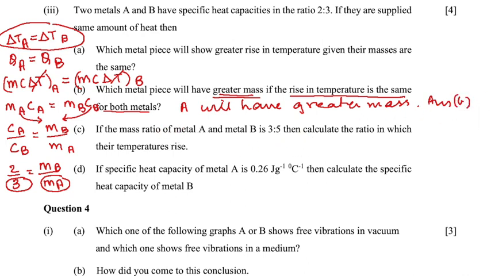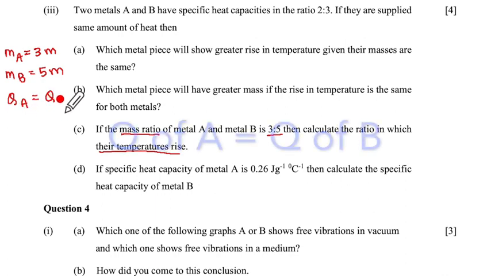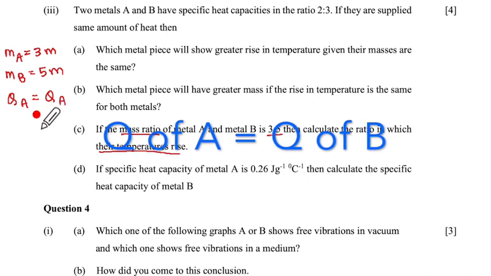Let us look at our C part. If the mass ratio of the metal A and metal B is 3:5, then calculate the ratio in which their temperature will rise. Now here again, remember your mass of A, if you call as 3m, then mass of B will be 5m. And we will do exactly the same. Both the metal pieces have the same heat energies.